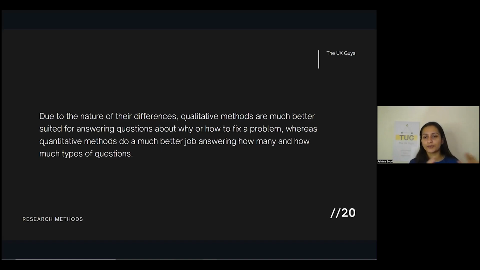I would say focus on building your portfolio, being more familiar with these methods, understanding the nuances, especially when you're interacting with a user. You want to be very careful about allowing them to voice their opinions, and how they feel about the product.